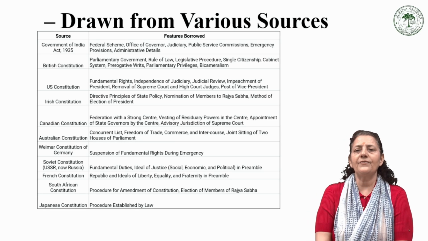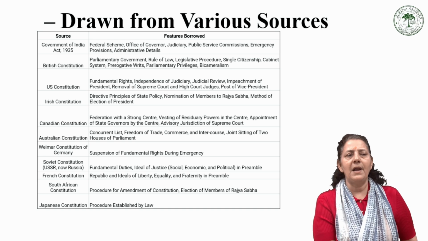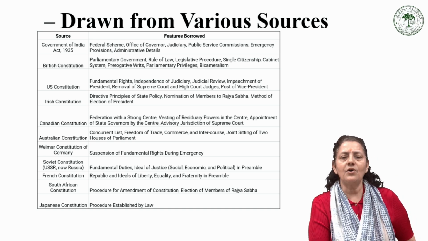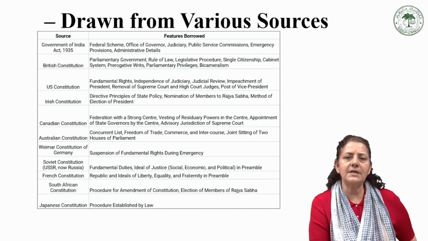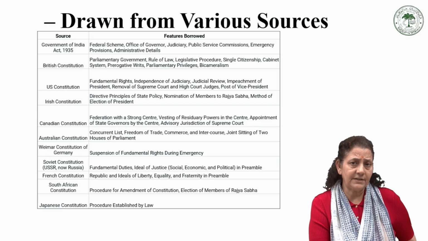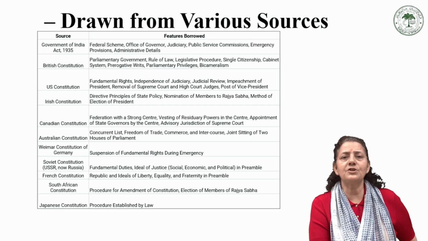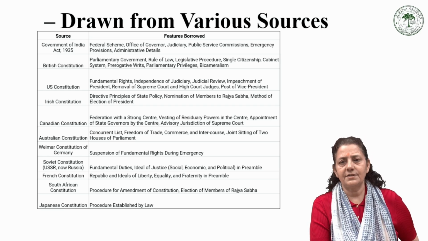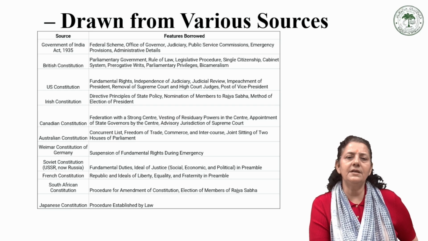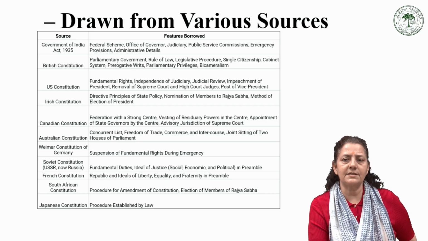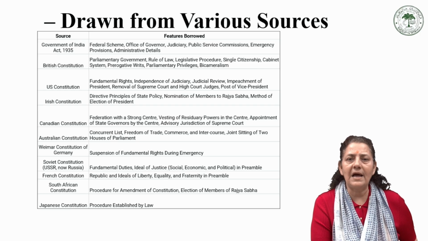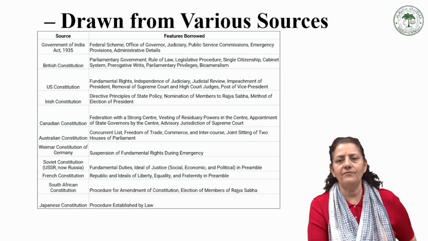The Constitution of India is an extraordinary blend of ideas drawn from various world constitutions, but adapted to India's conditions. The framers studied the working of several democratic systems to create a balanced and original framework.